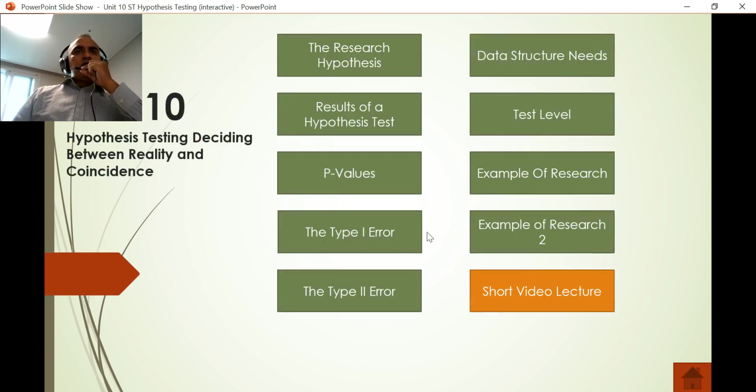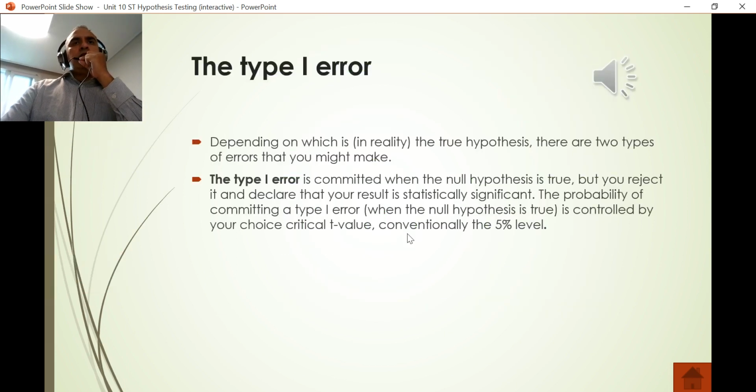Then, when we are talking about accepting and rejecting hypotheses, we have to talk about the 2 types of error. So the first one is that the null hypothesis is true, but you reject it. So in this case, for example, I can say, well, the case shows that there's absolutely no connection, or the connection is very minimal, but I still decide to say, no, there is a connection.